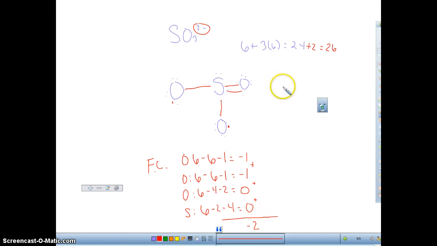Now, the resonance structures for this, basically it wouldn't matter where I put those 2 electrons, those extra ones. I could have placed them in any one of these oxygens at any time. So basically when you want to draw the resonance structures, take the double bond and place it down here, and then place it over here, and those are your two structures.